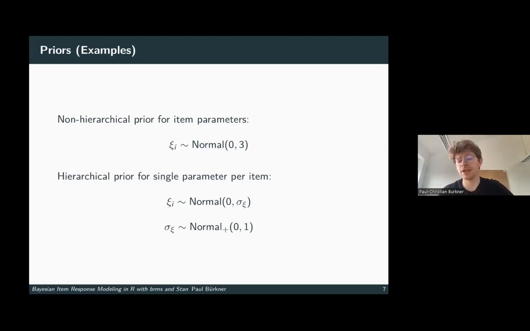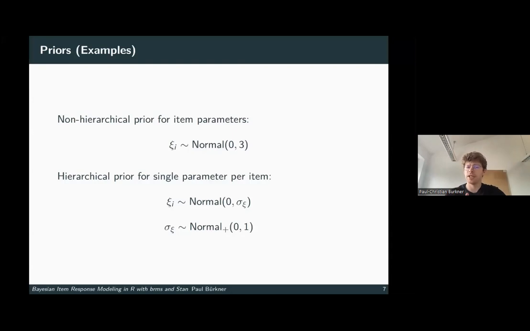So for example, we could say sigma zeta is half normally distributed with standard deviation 1. Normal plus means it's a truncated normal, truncated at 0. So the normal plus with location parameter 0 and scale parameter 1 would basically be a truncated normal that's just on the positive real line.